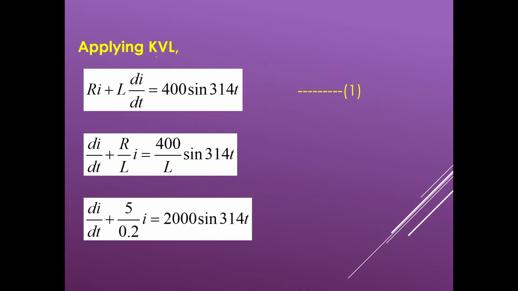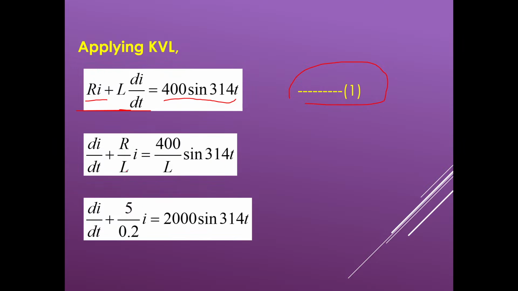Now apply KVL to the above circuit and write down 400 sin 314t is equal to what? R into i plus L into di by dt. Consider it as equation number 1. Now just rearrange the terms. Divide both sides by L. So you will get di by dt plus R by L i is equal to 400 by L sin 314t.